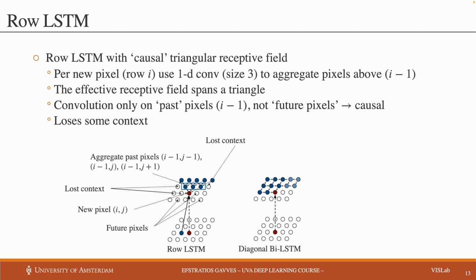So you have to make sure that whatever computations you make, if you care about autoregressive modeling, do not depend on future values. So they use a causal triangular receptive field like that.